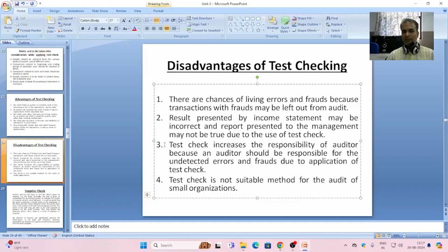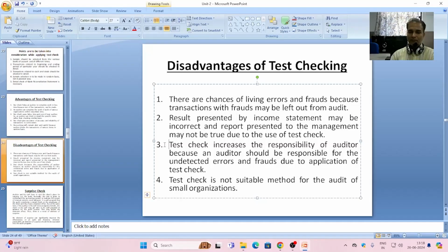Third point, test check increases the responsibility of the auditor, because an auditor should be responsible for undetected errors and frauds due to the use of the test check technique. It means after the audit, by using the test checking technique, if some fraud and error is left over, then the auditor will be responsible for this.